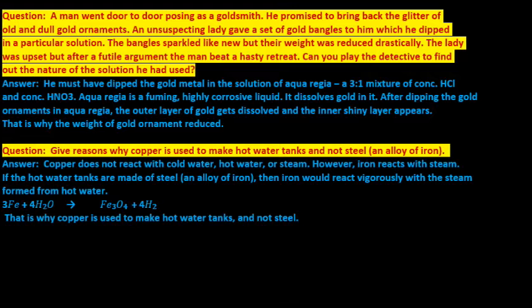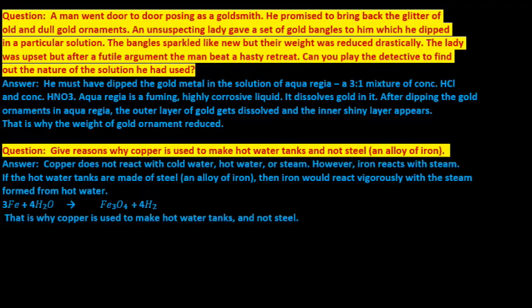It dissolves gold. So, after dipping the gold ornament into the aqua regia, the outer layer of the gold gets dissolved and the inner shining layer appears. That's why the weight of the gold ornament reduced.